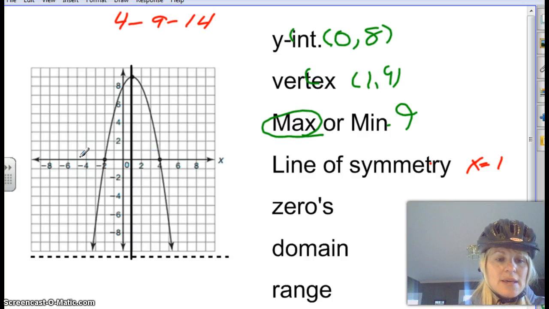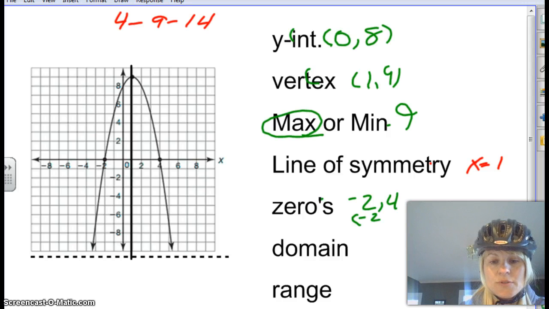So we can see that it crosses at the -2 and then the +4 on the x-axis. So we say our zeros are going to be -2 and 4. Okay, you can also write those as a coordinate. You could write them as (-2, 0), because the y should be 0, and (4, 0).